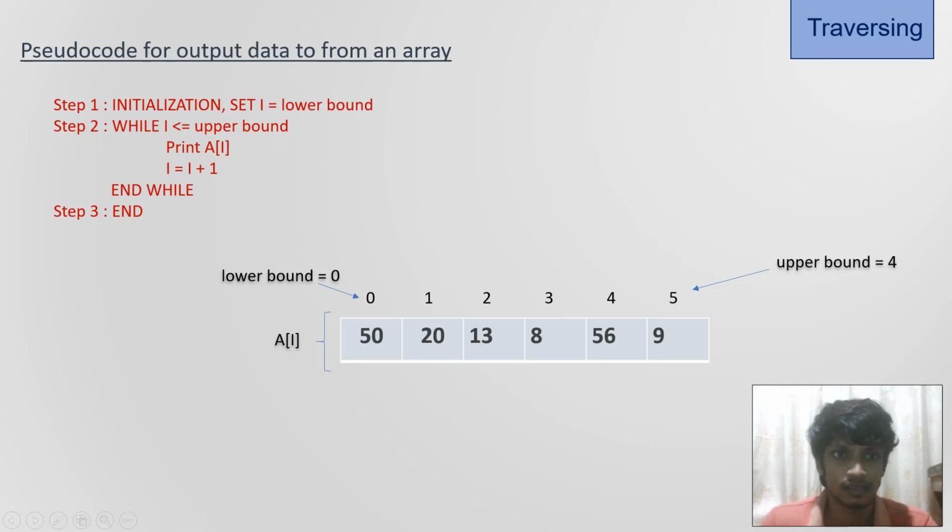And here this is the basic while loop, which is also known as repetition. So while here is the condition, which means I is less than or equal to the upper bound.